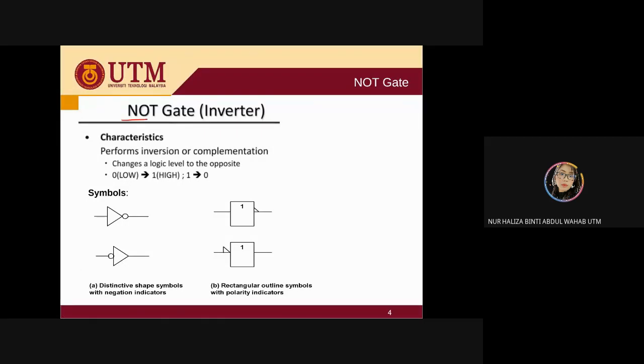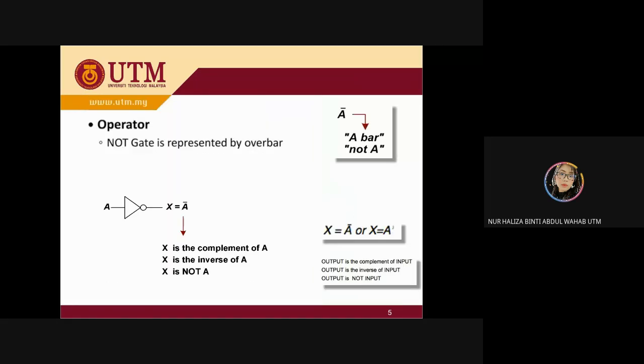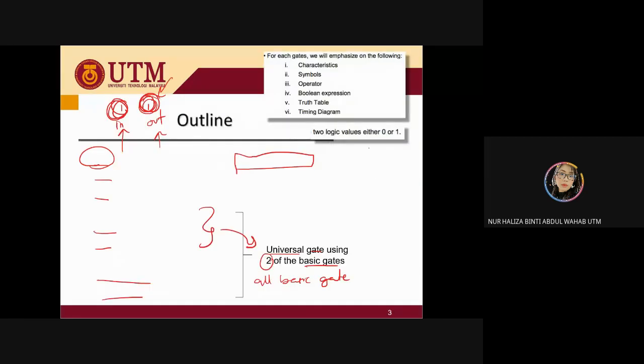Okay, NOT is like an inverter. It's very easy. Whatever input you have, you're going to toggle or inverse it. This is the normal symbol that we will use. No need for me to repeat again and again because we already looked at it several times. This one also we already touched a little bit. You're going to see you have an operator. There are 6 things you need to know: characteristic, symbol, operation, Boolean expression, truth table, and timing diagram.